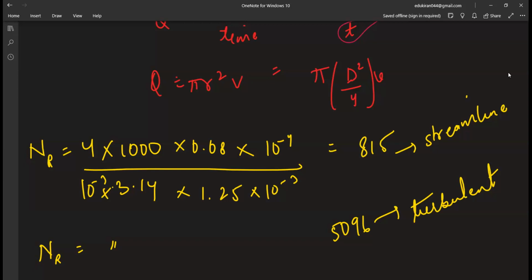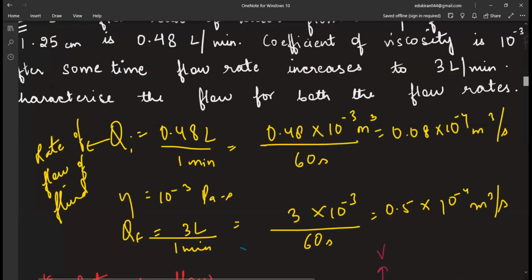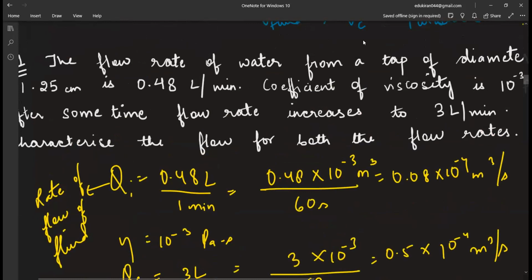Ma'am, why is 1.25 in the denominator? Diameter 1.25 centimeter. Ma'am, but in the formula it's rho V D, right? D is the diameter only, no? So it's in the numerator, right?